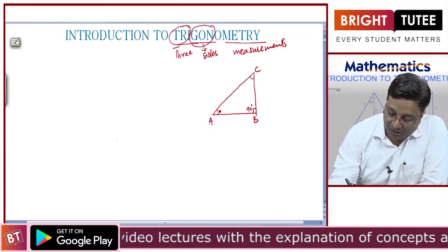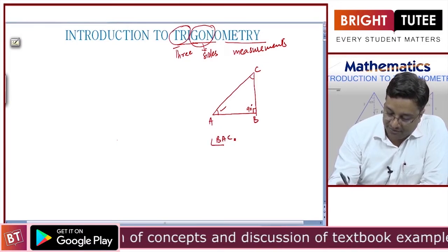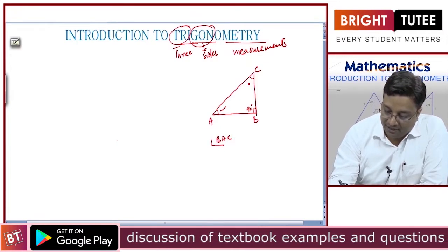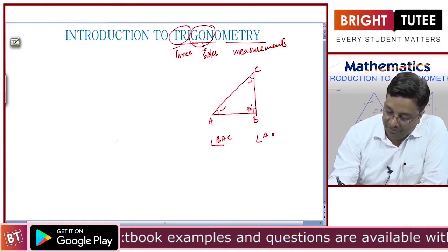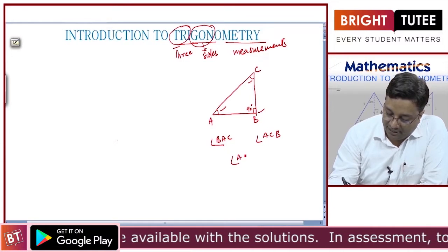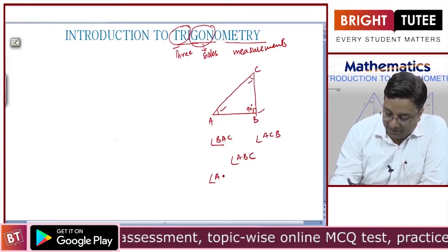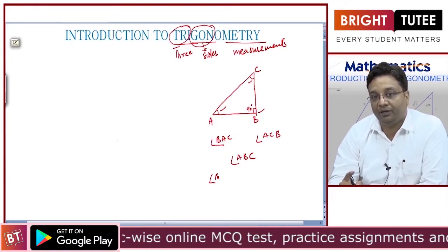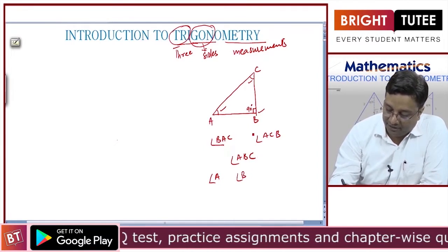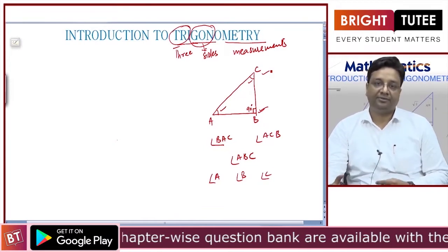So if I have to denote this angle, I can write it as angle BAC, right? And this angle is angle ACB, right? And this angle is angle ABC, or I can simply write angle A. A should be written in capital, right? Angle B, this one, or angle C, this one, right?